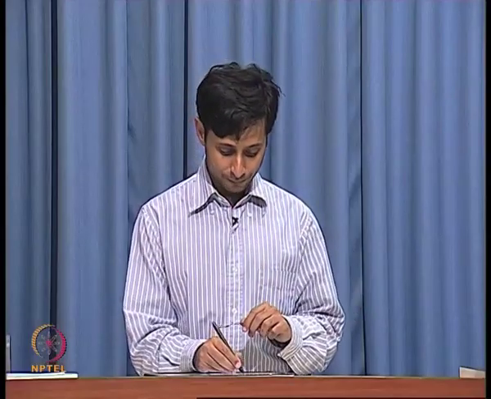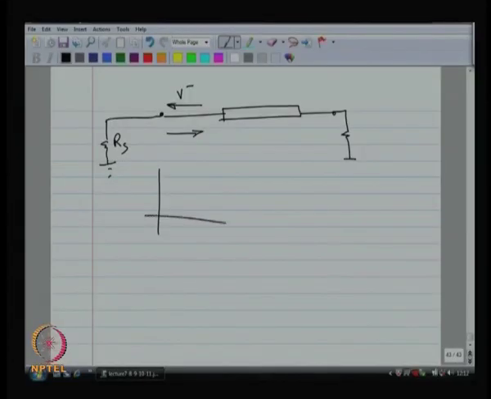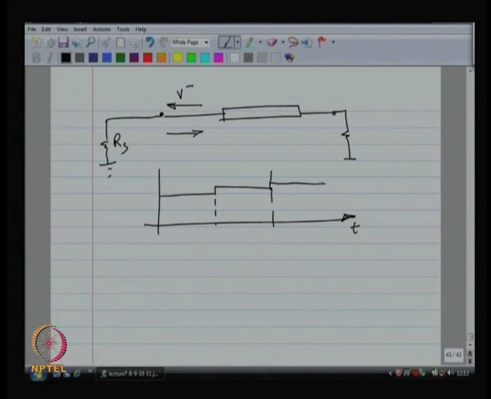Eventually the waveform V plus is going to look like this, with a lot of steps. As a function of time, initially V plus is something, and then after double the transit time V plus is going to change a little bit, after 4 times the transit time V plus is going to change a little bit.